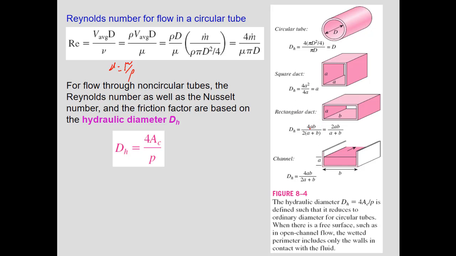For the rectangular duct, again we can calculate the area AC, which is AB, by this equation, 4AB divided by its perimeter, 2 times A plus B, and it can be simplified to this. For a channel, it's a little different. It is similar to the rectangular duct, but the difference is that, because we have friction and even heat transfer between the duct and fluid, we should only consider the parts or areas where the fluid is in contact with the duct.